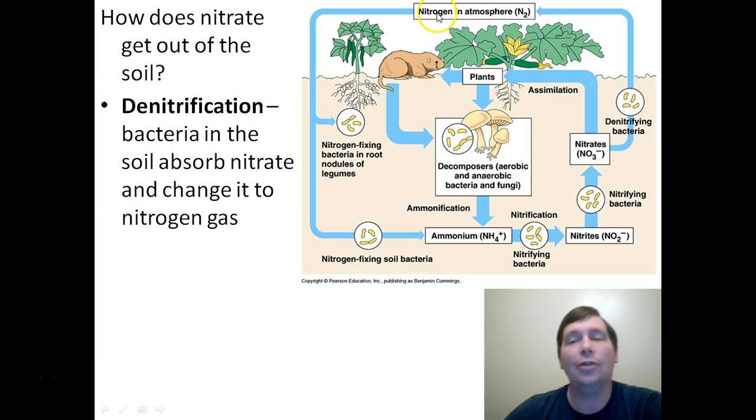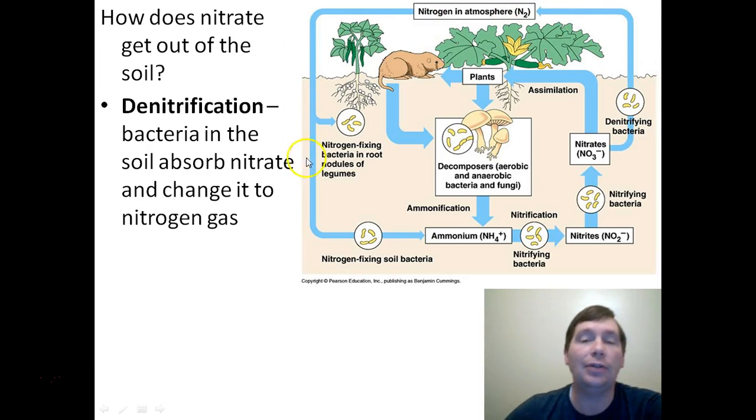Nitrogen fixation is where bacteria take nitrogen to make nitrate. Denitrification is the complete opposite. Another type of bacteria takes nitrate and uses that nitrate in order to make nitrogen gas. So that's denitrification. These bacteria absorb nitrate and they take energy out of this nitrate, and as they do that, they release nitrogen, which goes back into the air.